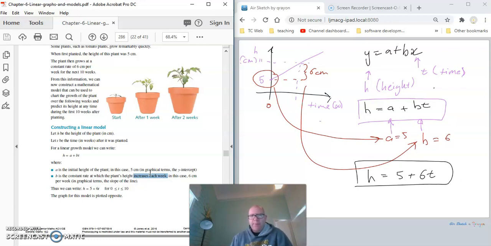Okay, so we need to be able to read the information. So if you look here, the information we've gathered out of here is that A is the initial height of the plant. Okay, so we have a number. So we always replace A and B with numbers, and we replace X and Y with the values that we're talking about. So I might just put that as a note here. So when you come back here, 1, replace X and Y with real world variables.